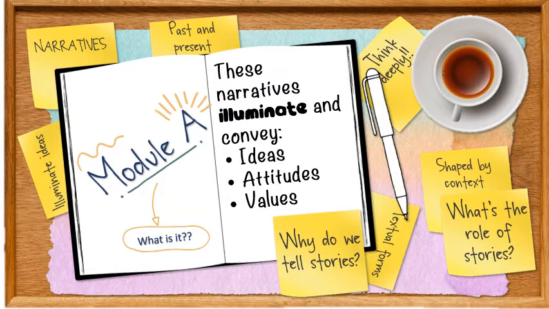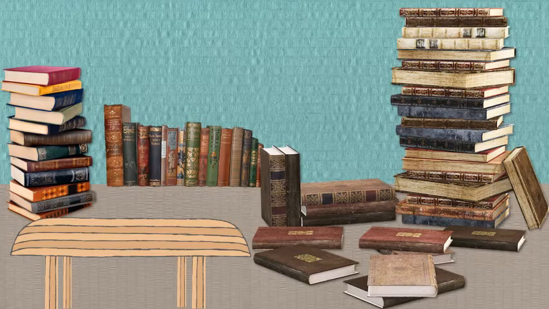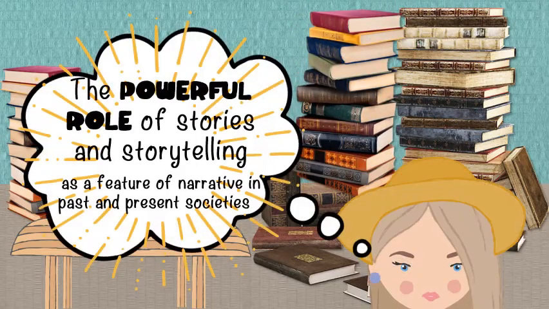When you are reading particular stories, are you aware of the ideas or the attitudes or the values that they convey? Now, one of the key aspects of the rubric, of the module description, is the next statement. The powerful role of stories and storytelling as a feature of narrative in past and present societies.